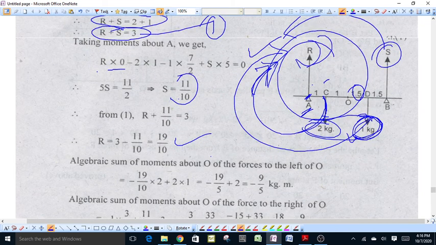Now, moment of all the forces about point O. Force R and 2 kg act on the left side of point O, so the algebraic sum of moments about O of the forces to the left side of point O will be equal to, because force R is equal to 19 by 10 and the sense of moment of R about O is clockwise.